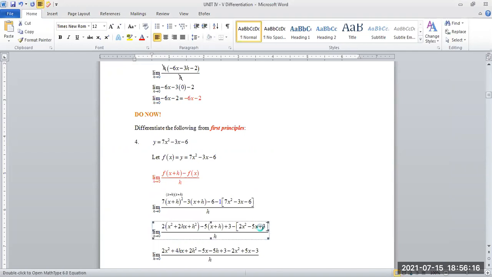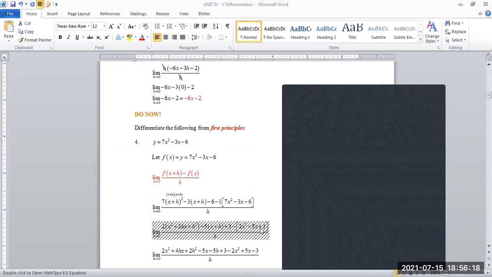I'm making a substitution. So this becomes 7x, that becomes minus 3, minus 6. That's minus 6, that's minus 3, and this is supposed to be 7.